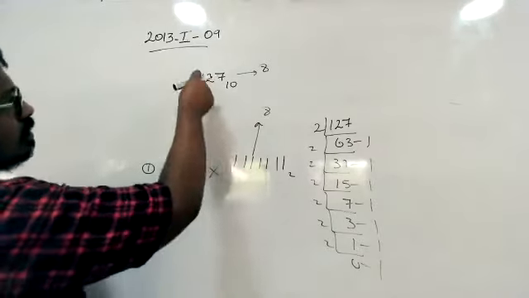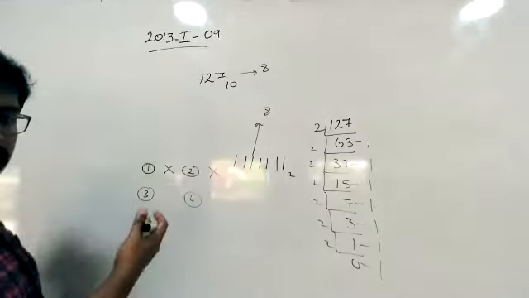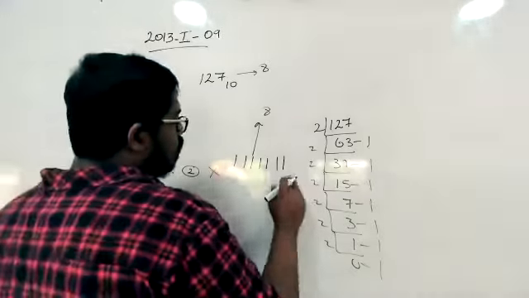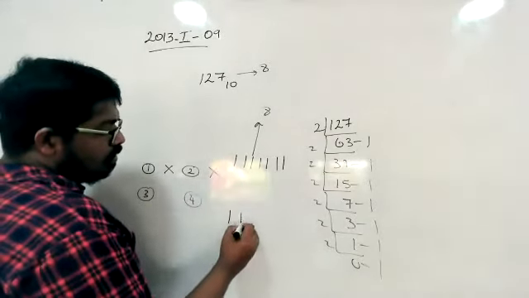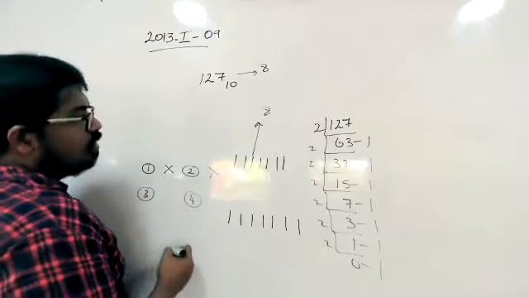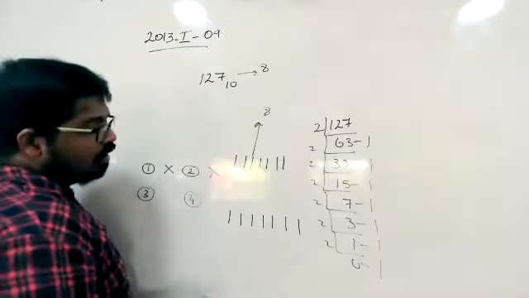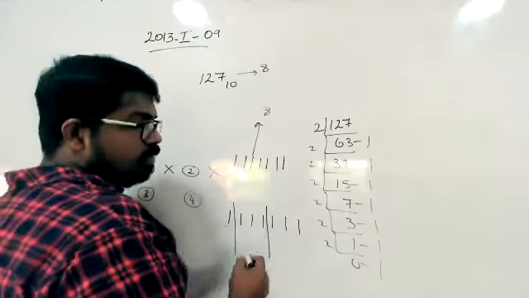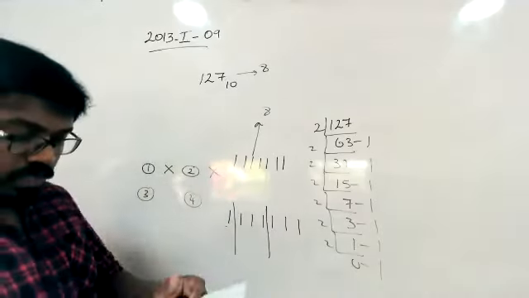If you find this method simple, you can perform that one. I will perform this one. When you convert to the octal equivalent, we will have how many groups? 3 groups. Right?